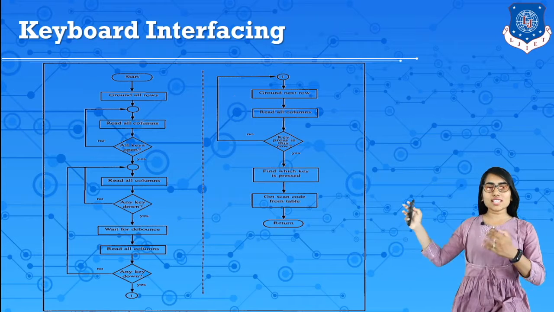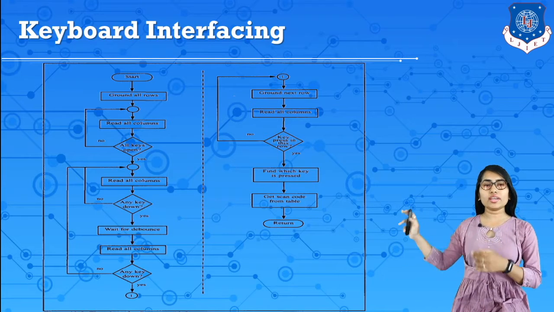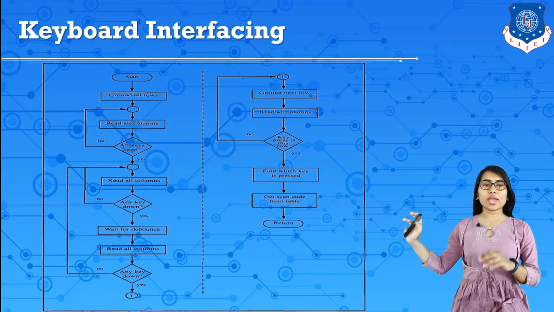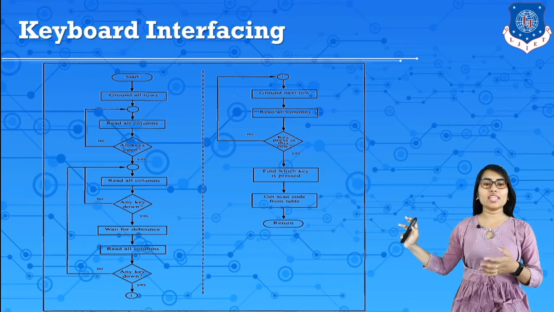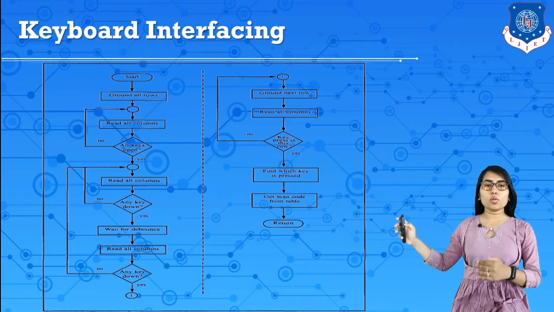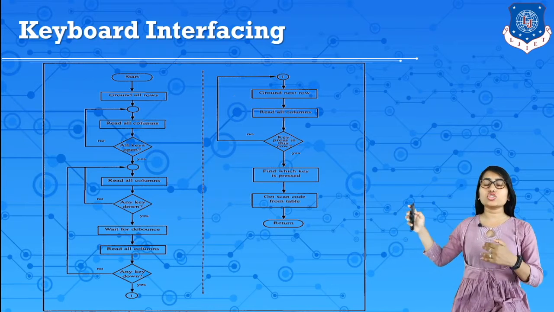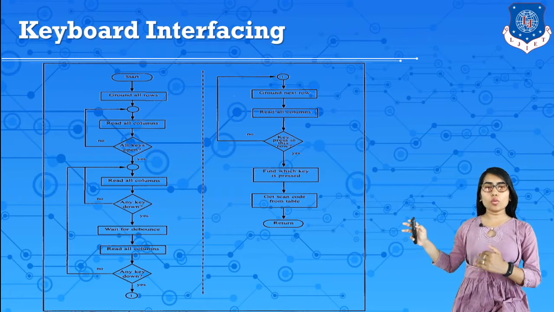If yes, go to the next step; if not, read all the columns again. Until it finds that a column is pressed, it continuously keeps checking. If all keys are not open, it again reads all the columns, and if all keys are open, it goes to the next condition.